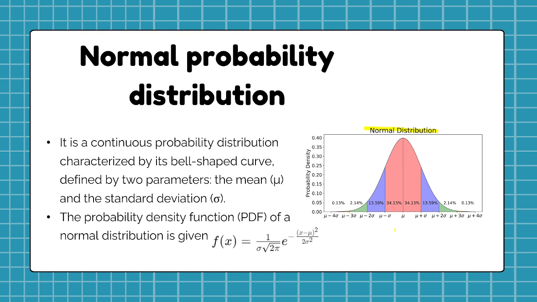In this case, the mean is equal to the median and also equal to the mode. But what is of interest in this situation is the mean and also the value of the standard deviation. For this normal probability distribution, there is a function that we call the density function of a normal distribution, which is given by this equation.